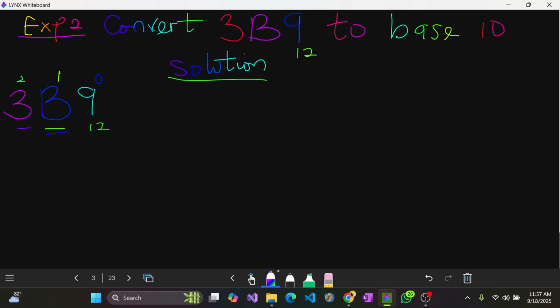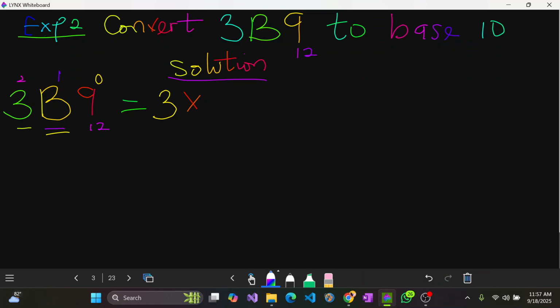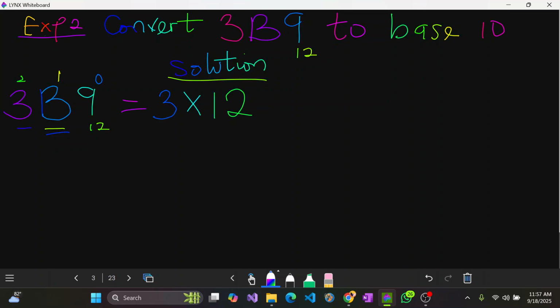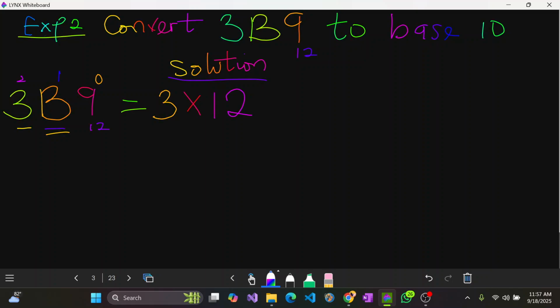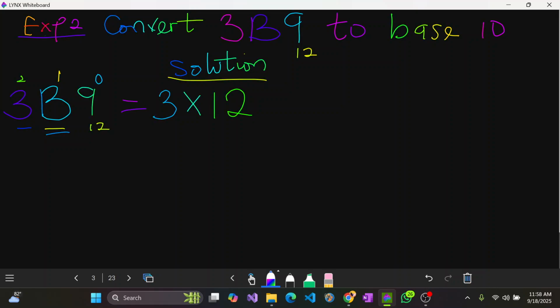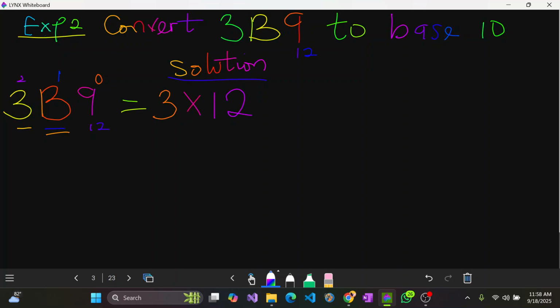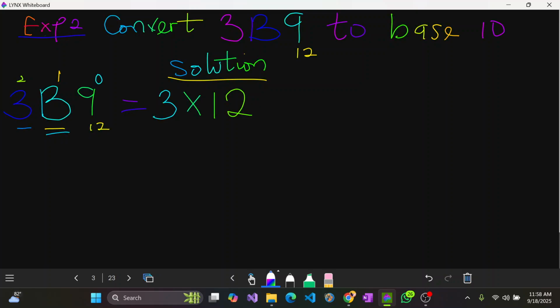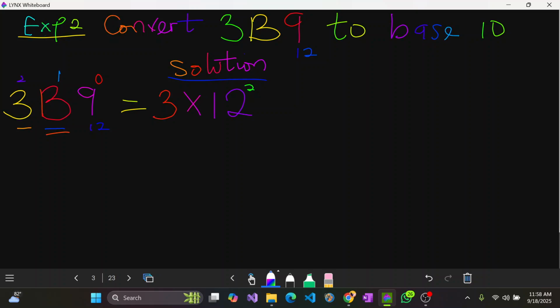So in this case, we have the first number, which is 3, multiplied by 12, which is the base. In order to convert to base 10, you multiply each number given to you by the base, raised to the power of a particular number. So we have 3 multiplied by the base, which is 12, but this 12 must carry a power, and the power is 2, because the power under 3 is 2.